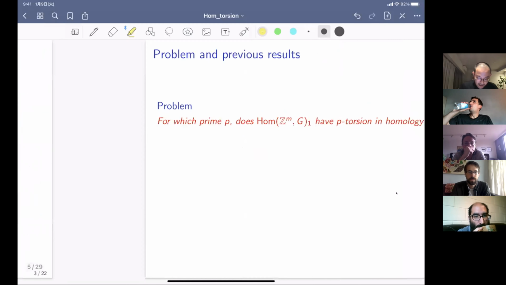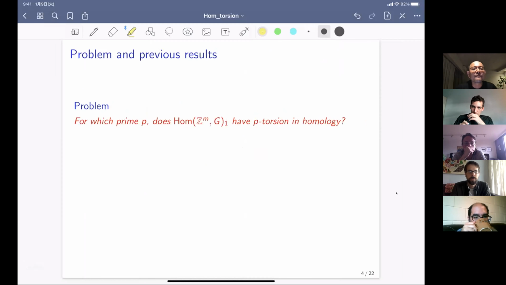So let me ask this naive question. Naive problem. For each prime p, does the space Hom(Z^m, G)_1 have p-torsion in homology?